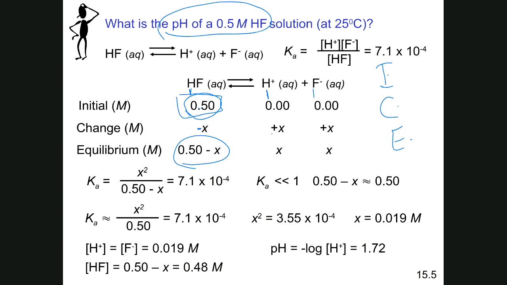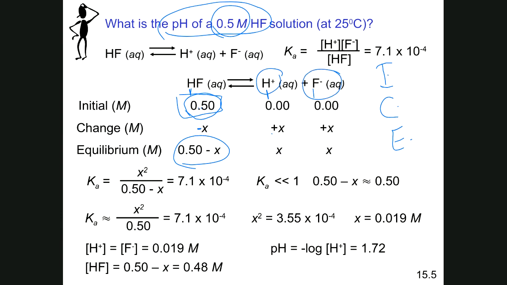Minus X means that the concentration of HF is going to decrease over the time of the reaction. When you add 0.5 molar HF into water, some of it is going to dissociate and give H plus and F minus.